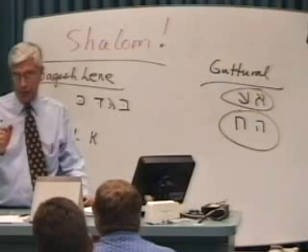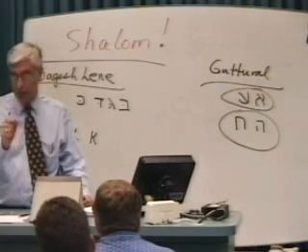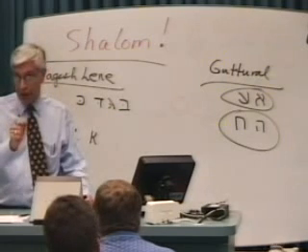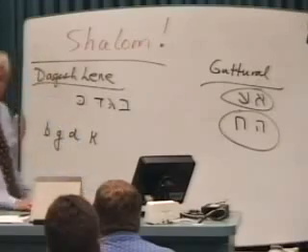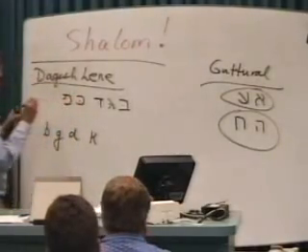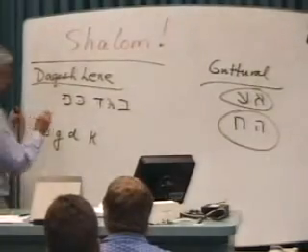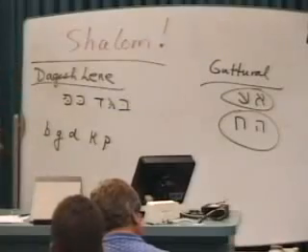Now you can put an H after a letter like C, and it becomes softer. It becomes a ch sound. You put an H after a letter like P, and it becomes an F, as in telephone, right? That may be a similar phenomenon in English. Okay.